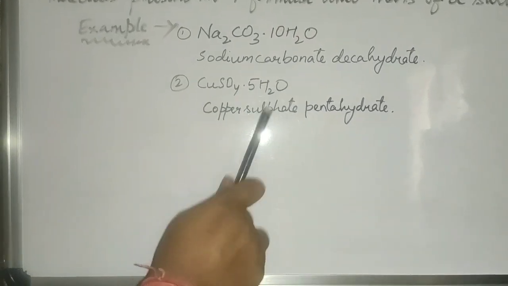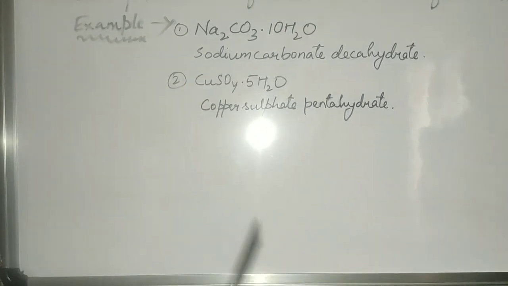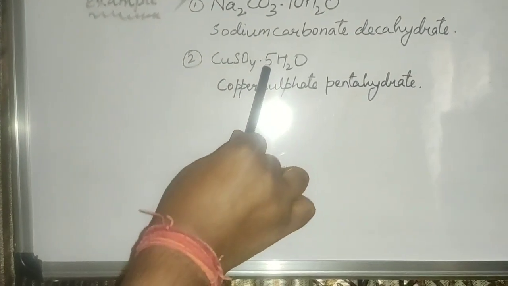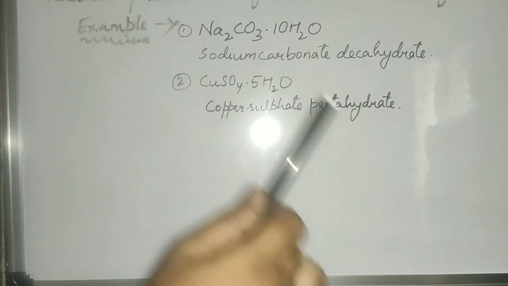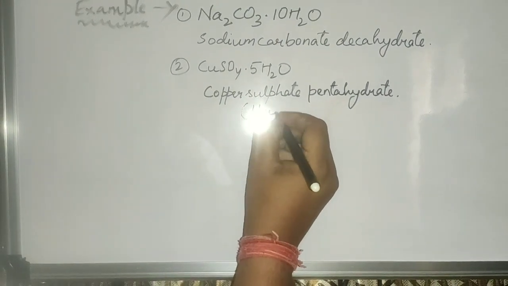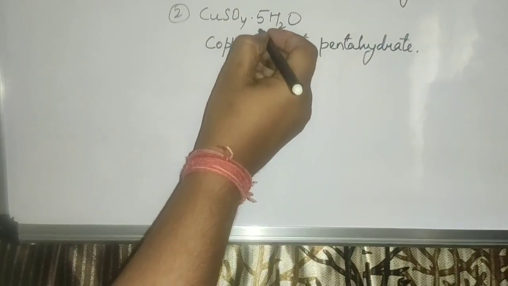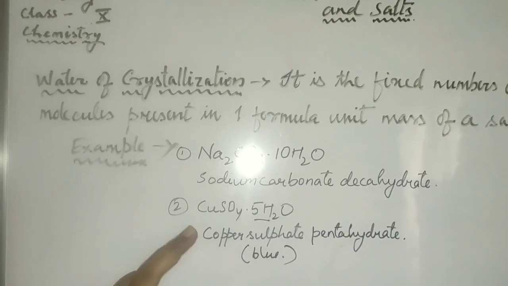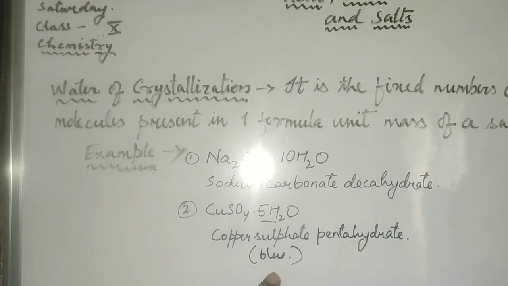CuSO4.5H2O, copper sulfate pentahydrate. That means 1 formula unit mass of copper sulfate will contain 5 molecules of water, due to which its color is blue.